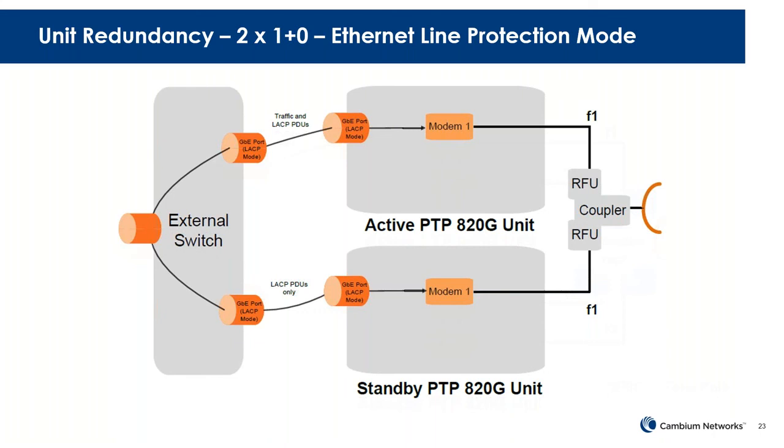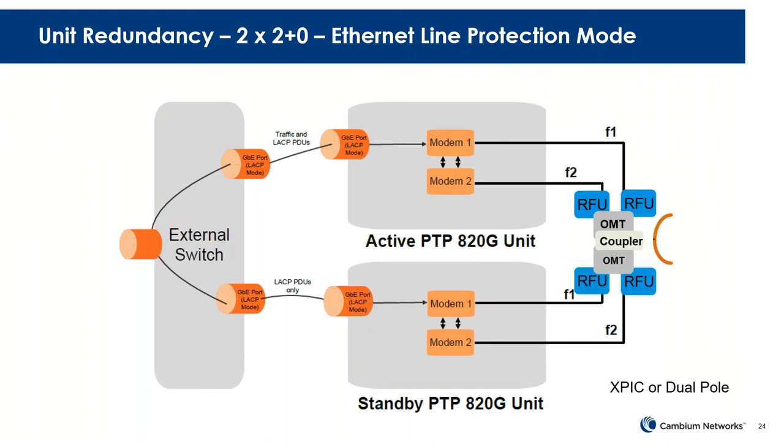So make sure that the external switch supports LACP if you want to use line protection mode. Okay. Line protection mode, you support 2 times 1+0. Okay. And also in line protection mode, we support 2 times 2+0.